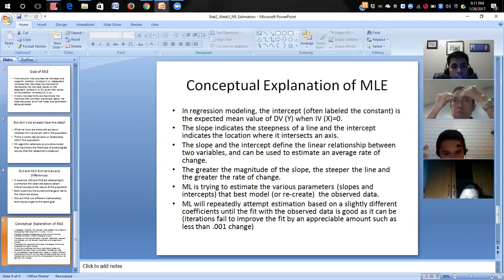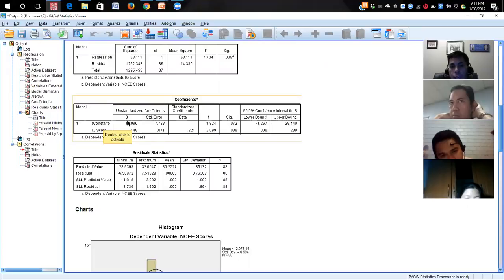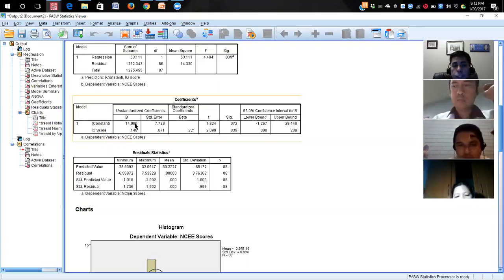So what this output means is that when our IQ is 0, we expect the predictive value based on the dynamic relationship between IQ and NCEE: when we have a 0 IQ, the NCEE score would be 14. And that is the beauty of regression modeling, that it has predictive power.